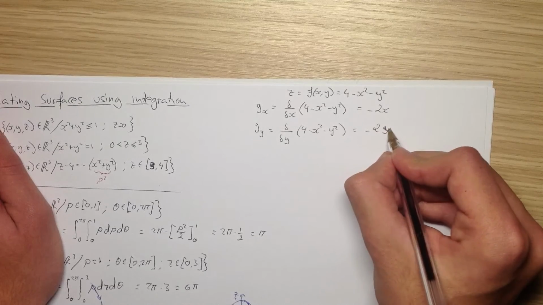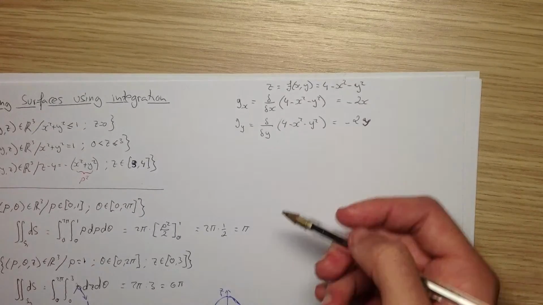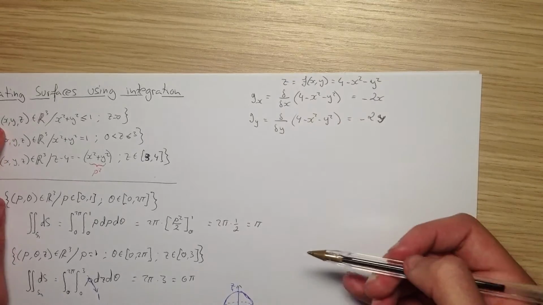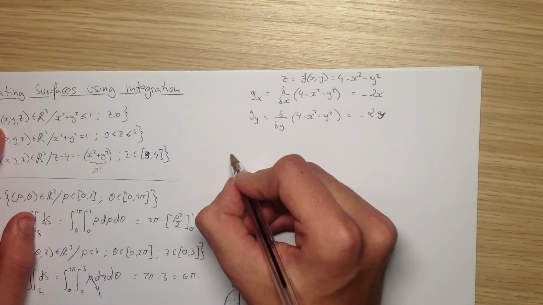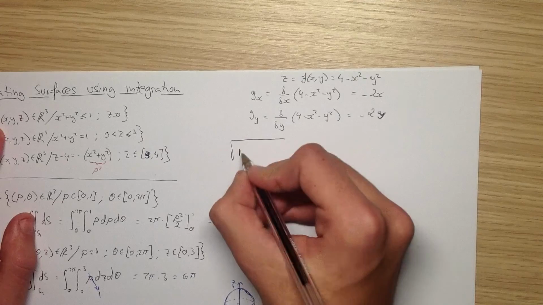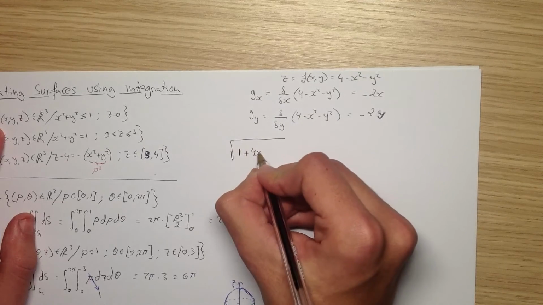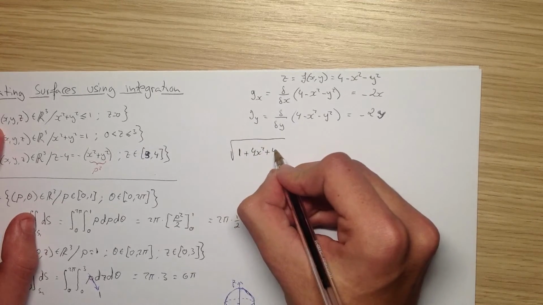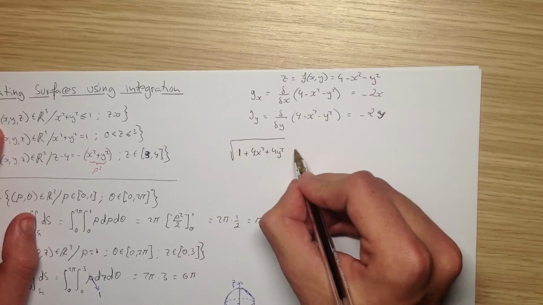Oops, 2y. So now we substitute these two values into the formula. It will be 1 plus 4x squared plus 4y squared.